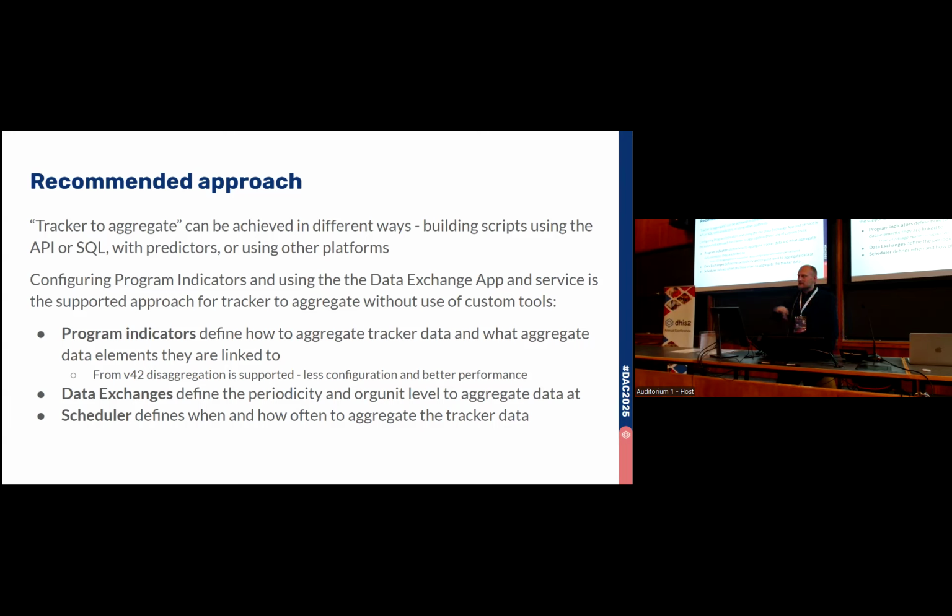The data exchange app with the data exchange service lets you define at what level and what periodicity you want to aggregate the data. And then the scheduler app lets you decide how often to actually do the aggregations. So those are the built-in tools in DHIS2 for setting up tracker-to-aggregate, just using the core functionality.